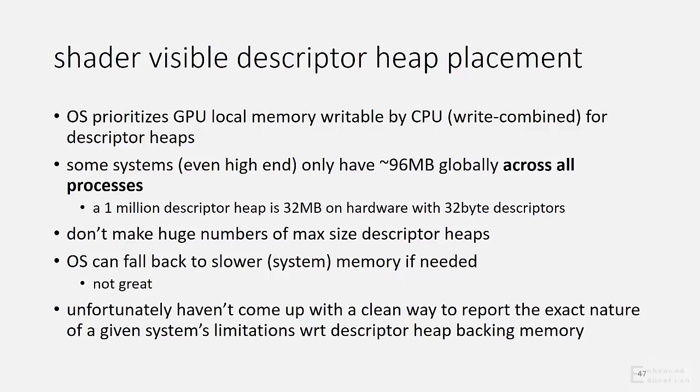The performance will suffer for everybody who ends up in system memory. Now, one thing that's unfortunate is the exact nature of this limit does vary quite a bit across systems, and we just haven't come up with a good way of expressing exactly what a given system's constraints are. So the advice here is just general.